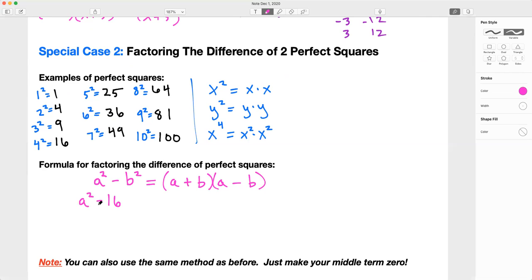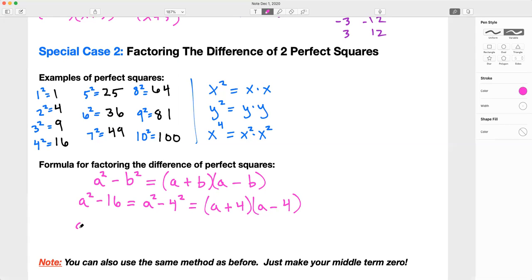So a squared minus 16 can also be thought of as a squared minus what squared? Well, 16 is 4 squared. So we put a in the a spot, and then minus 4 squared. See how we had minus b squared over here, and we just put b there, plus 4, minus 4. And we just followed the pattern, okay?